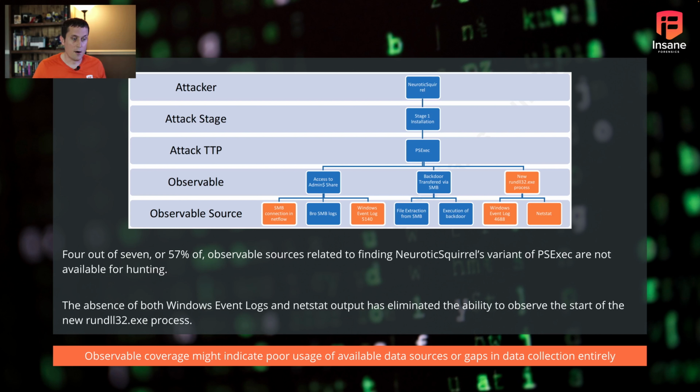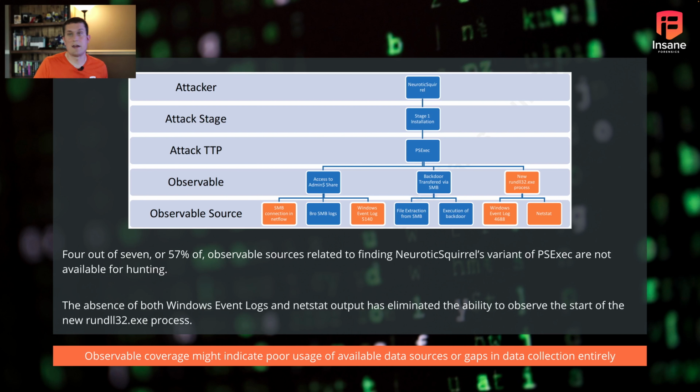So, 4 out of 7, or 57% of our observable sources related to neurotic squirrels PsExec are not available for hunting, or they are. Or you can do the math here and figure out a rough number, and that can help you then set a goal to improve.